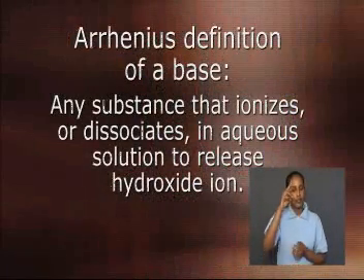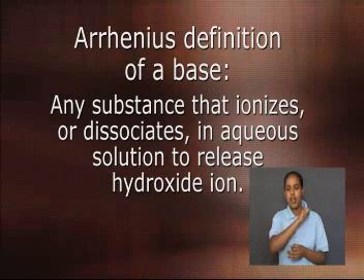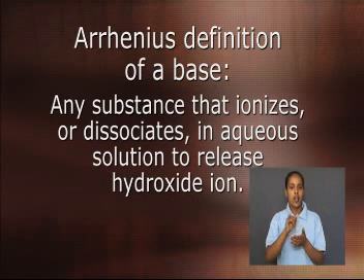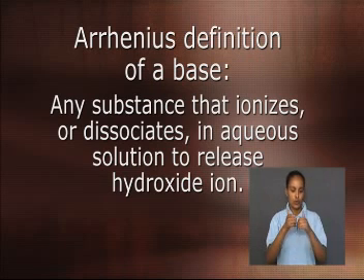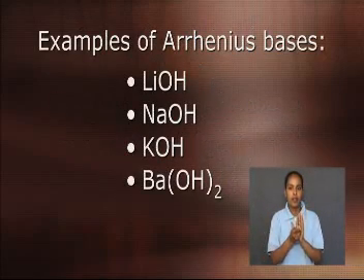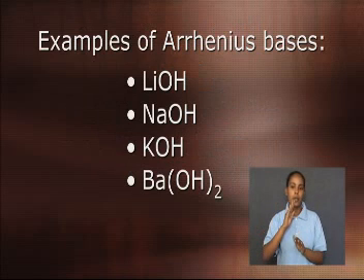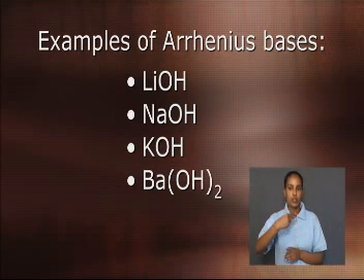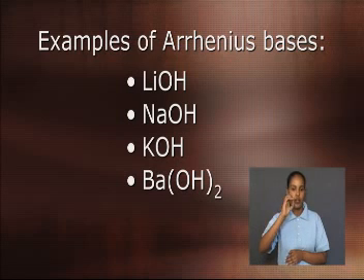Arrhenius defines a base as any substance that ionizes or dissociates in aqueous solution to release hydroxide ions. Examples of Arrhenius bases are mostly ionic metal hydroxides, such as lithium hydroxide, sodium hydroxide, potassium hydroxide, and barium hydroxide.